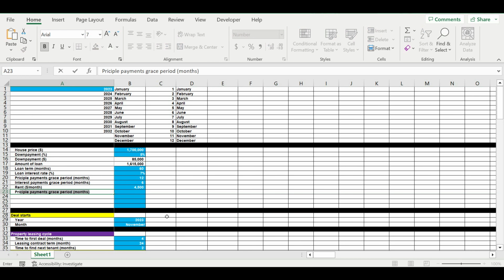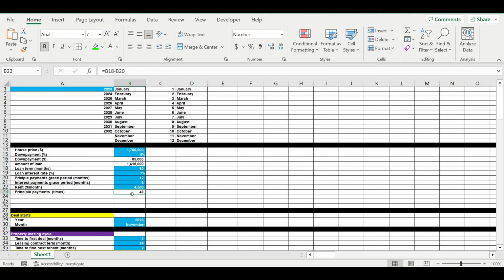Then principal payments times. So how many times do we pay principal? We take the loan term minus the principal payments grace period.